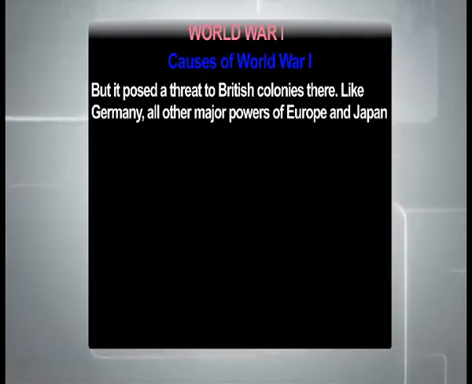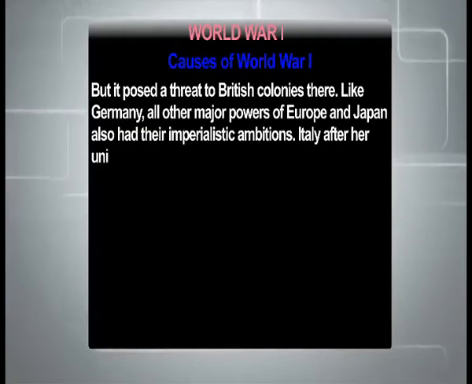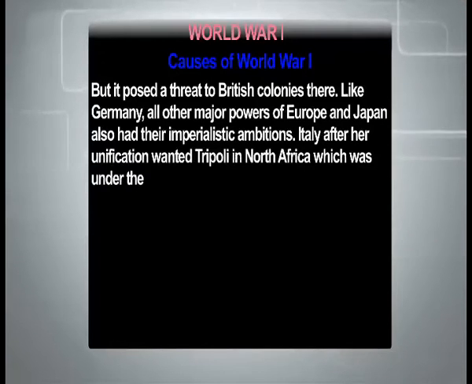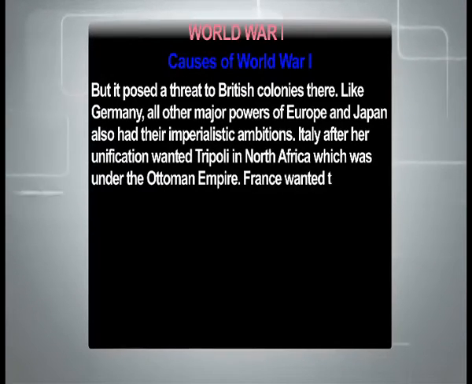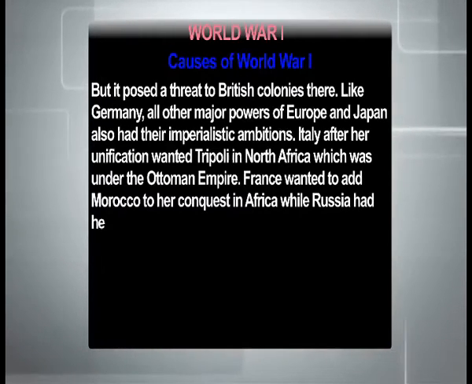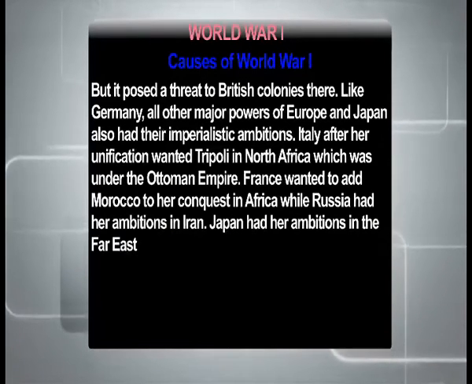Like Germany, all other major powers of Europe and Japan also had their imperialist ambitions. Italy, after her unification, wanted Tripoli in North Africa, which was under the Ottoman Empire. France wanted to add Morocco to her conquest in Africa, while Russia had her ambitions in Iran.